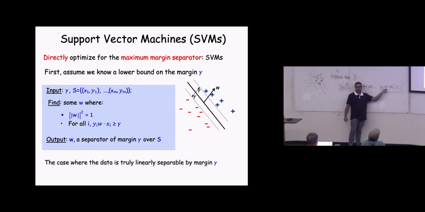W separates the points of different classes with a margin at least greater than or equal to gamma.